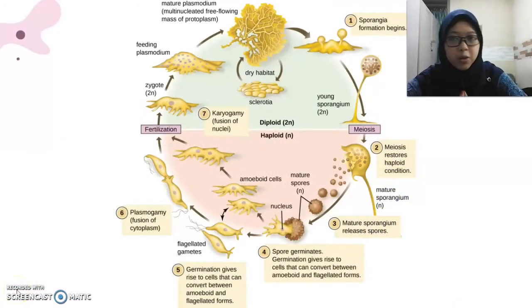Okay, so this picture is about the plasmodial slime mold's life cycle. Firstly, the sporangia formation begins, and here we can see a young sporangium. A sporangium is a reproductive structure that produces spores.